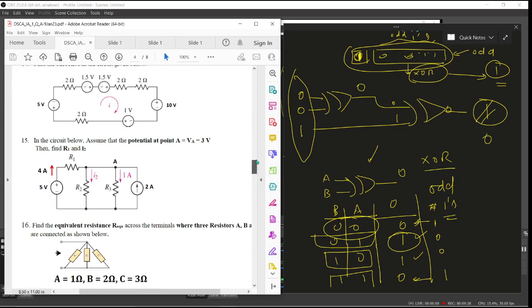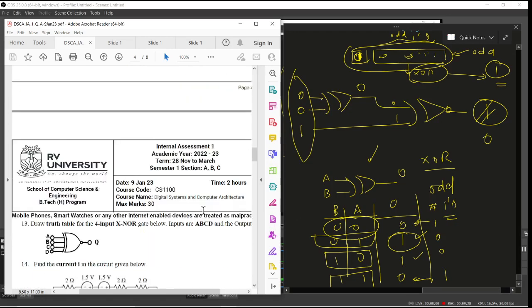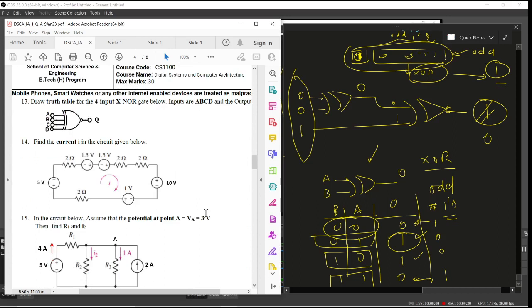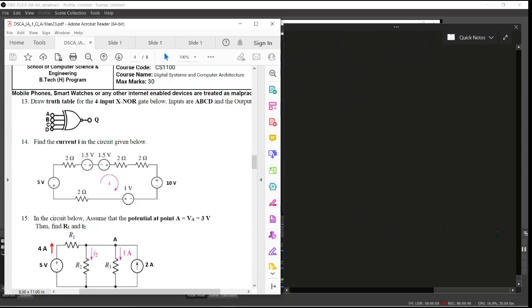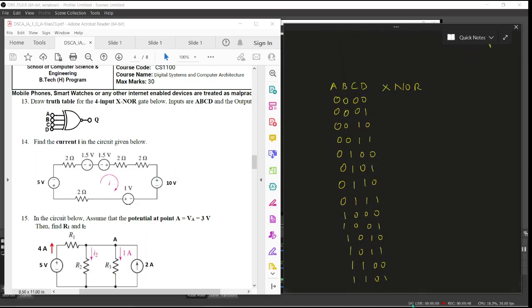I hope this is clear. Now what is question number 13? A 4-bit XNOR gate. We are giving an XNOR gate here and a 4-bit input. Draw the truth table for it. Now you know that a truth table has to have all the combinations of 4 inputs, which are 16 numbers. Now what is the output?